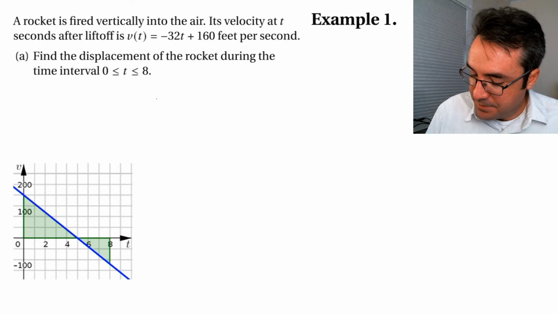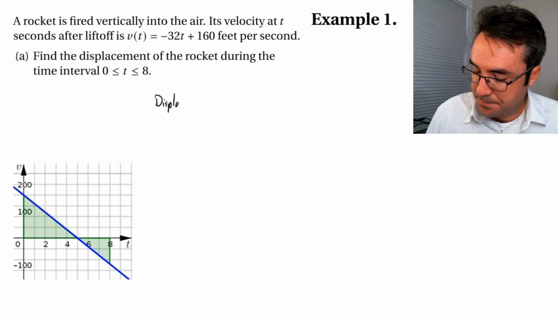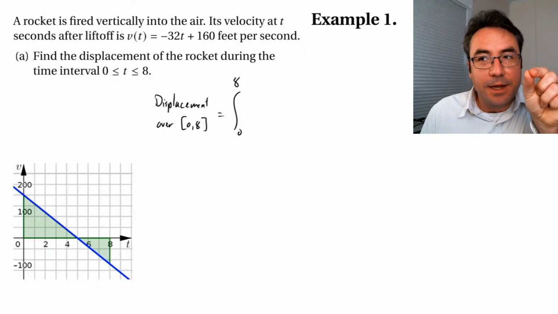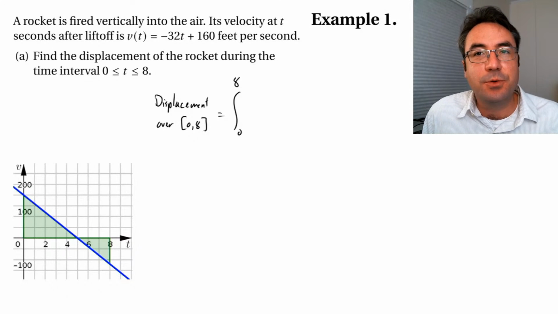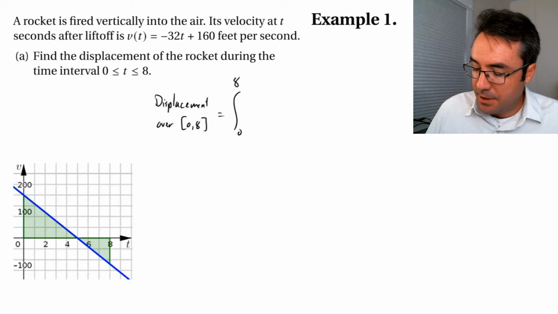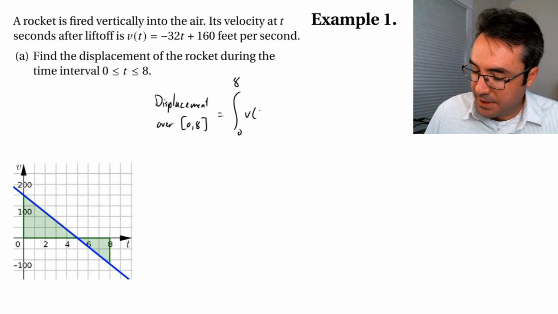For displacement over this time interval, all we need to do is integrate. We're going to look at all those tiny little changes to our position function over the interval from 0 to 8, and integrate our velocity.